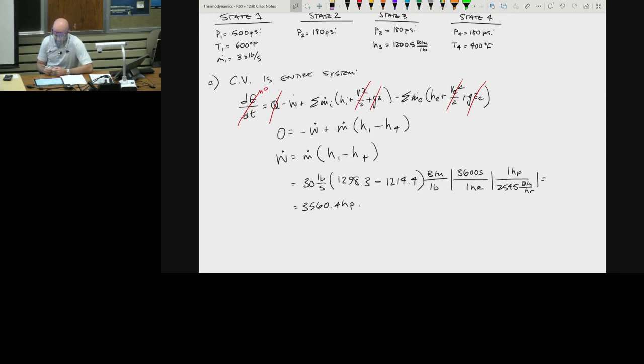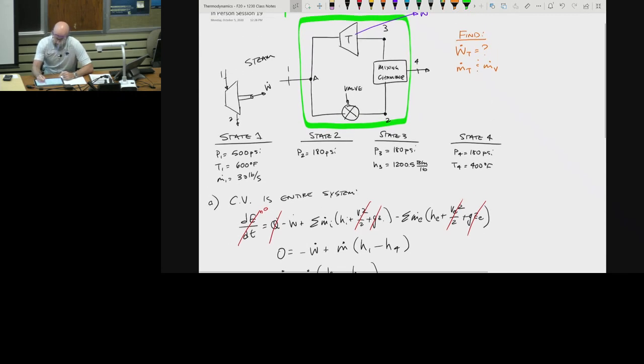Now, for part B, we need to figure out how much mass flow rate that turbine produces. If we look at that turbine as our control volume, now we have one of those 2 pieces of information that's missing. We know the power, so we can find the mass flow rate. So let's use this as my second control volume, that orange control volume.